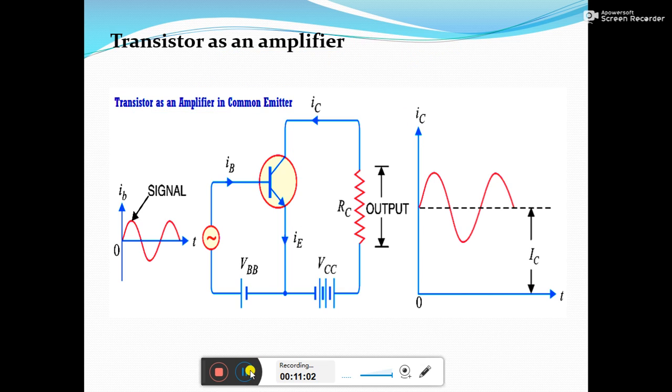Here the magnitude of this input signal voltage is such that it always forward biases the emitter to base junction.